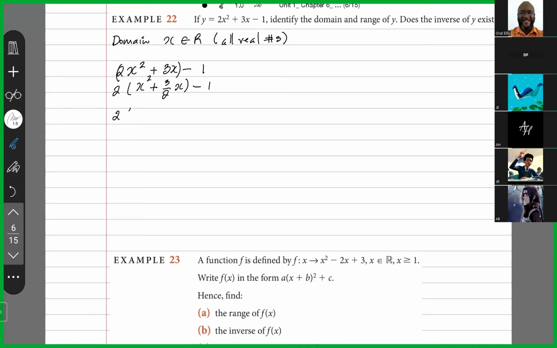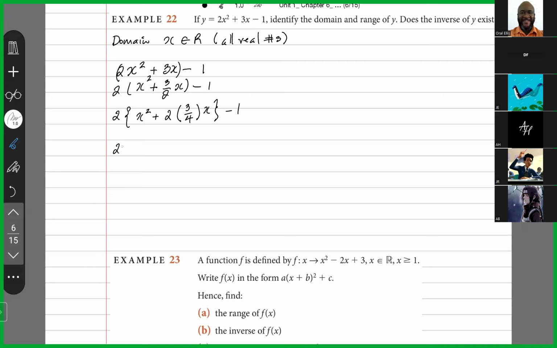We have 2 times x squared plus, I factored out a 2, times 3 over 4 x. All I did there was multiply. Well, this is something you should know. I multiply and divide by 2.